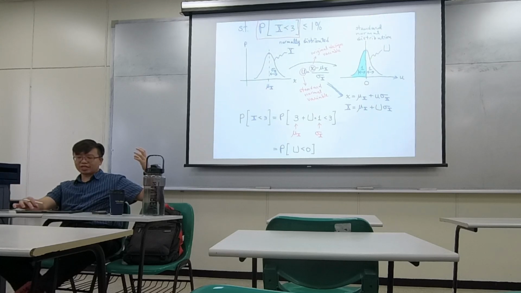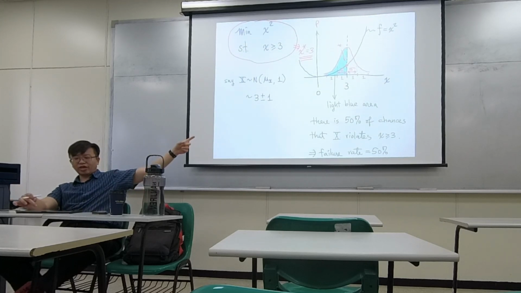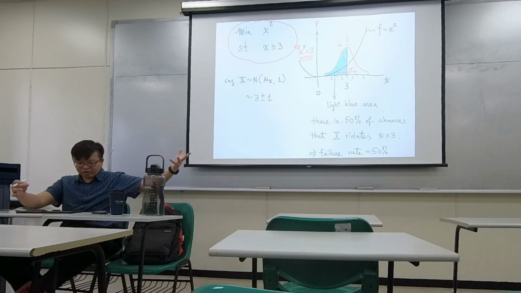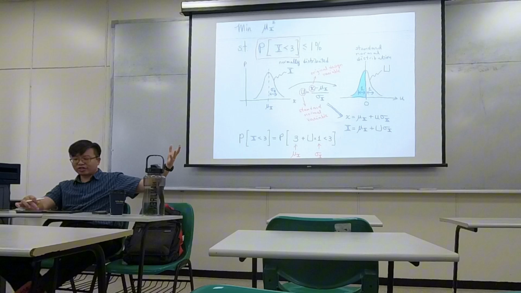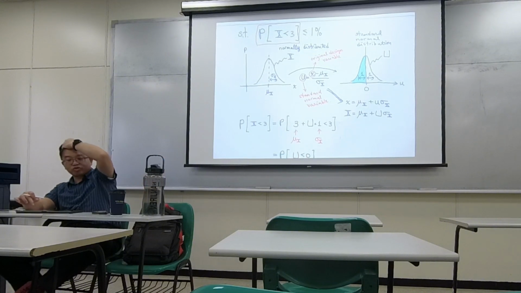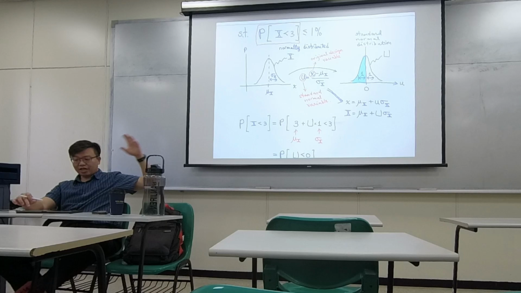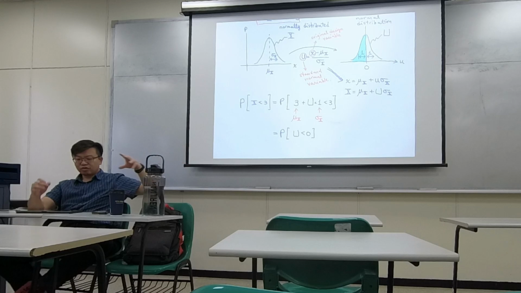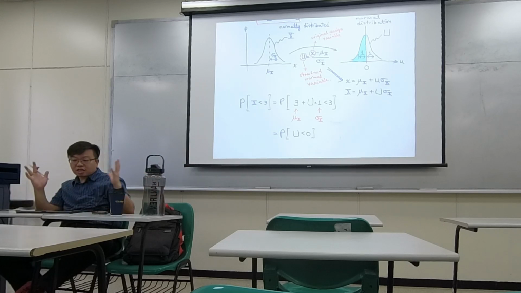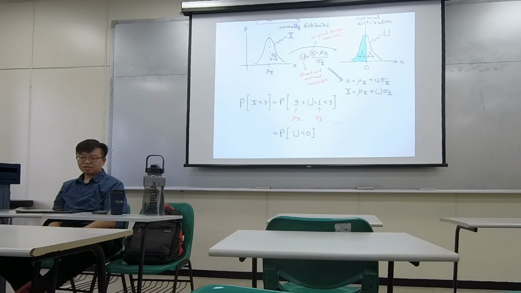Did you notice that originally we are handling the original space with a mean value of 3, standard deviation of, in this particular case, also 1. But after the normal distribution transformation, I convert everything into the standard normal space, and we are now handling this standard normal coordinate. And this particular standard normal distribution can be computed actually.